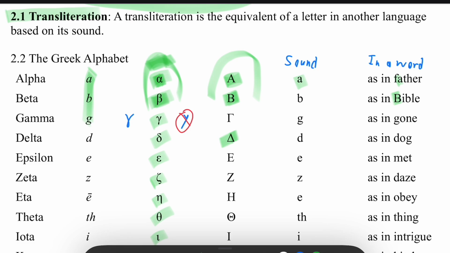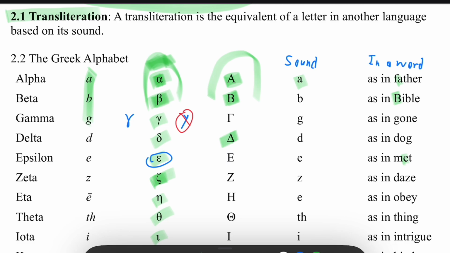Epsilon looks like a backwards 3, and it's the E sound as in met, epsilon. Zeta is right here, and it has a slight, technically a slight dental sound at the beginning, like t.